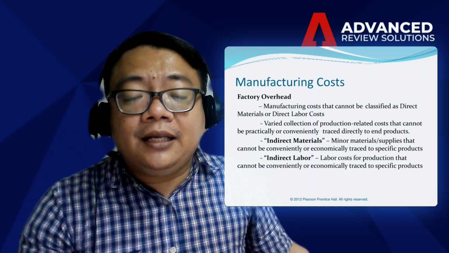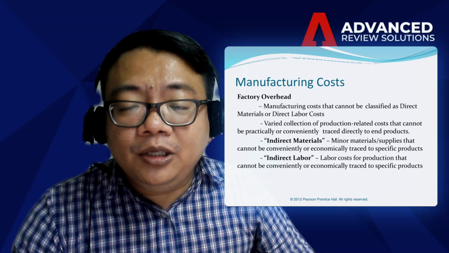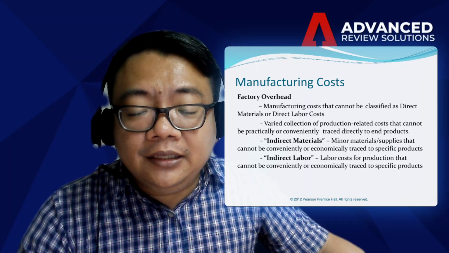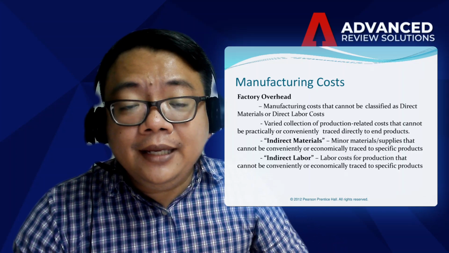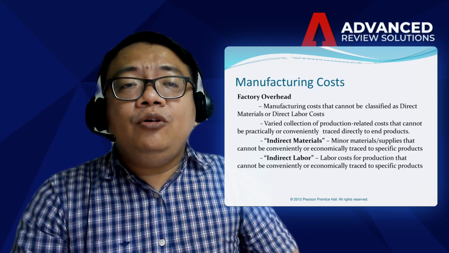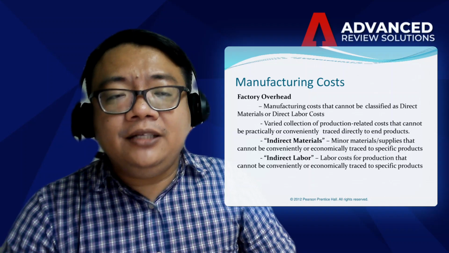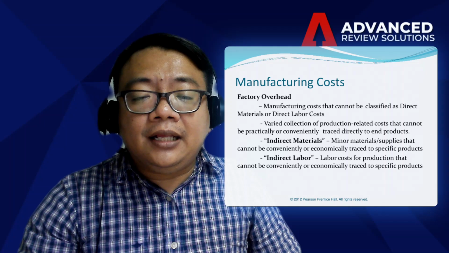And we have indirect labor. The labor costs for production that cannot be conveniently or economically traced to the specific product. Kanina, yung direct labor ay yung factory, yung karpentero. Pero yung kanyang boss, the supervisor, and the plant manager will become part of indirect labor.